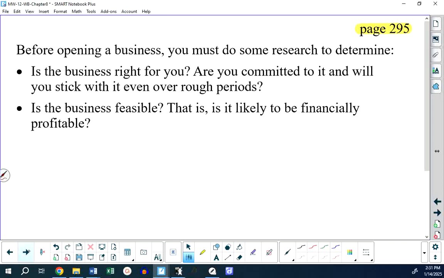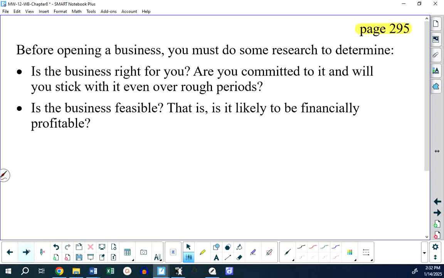Is it feasible? Feasible means will it work? So is it likely to be profitable? Would you agree, and this is nothing against Wetaskiwin, but if I decided to open a ballroom dancing studio in Wetaskiwin, that's probably not the best location for having a ballroom dancing studio, where I'm going to give people ballroom dancing lessons, right?